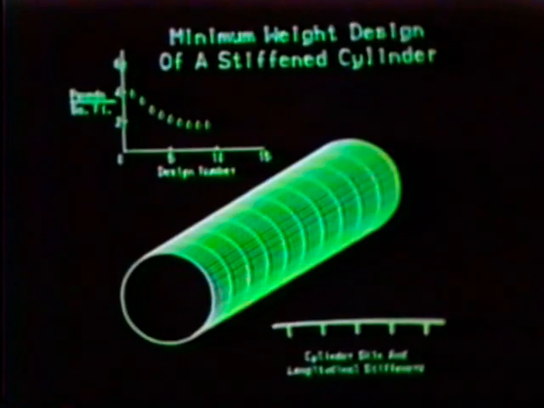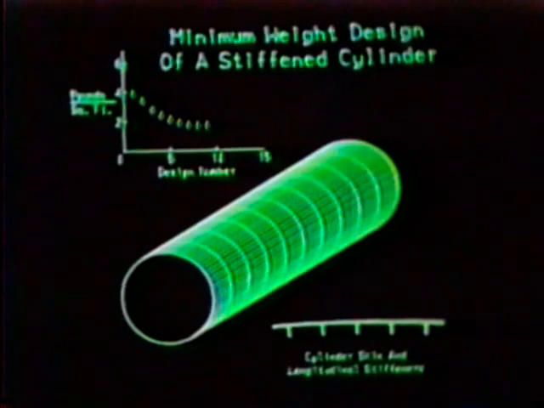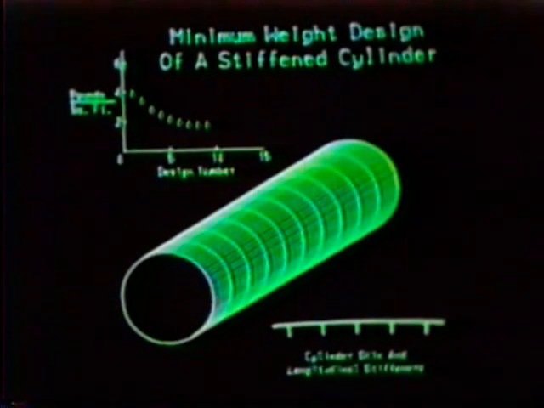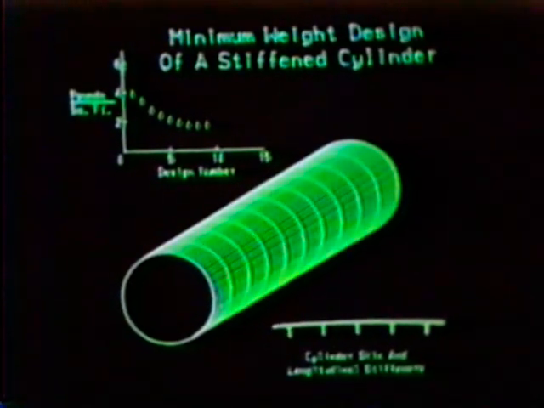The weight per unit area has now leveled off to approximately 1.7 pounds per square foot, and additional redesigns are not useful. I will now make a copy of the final design.